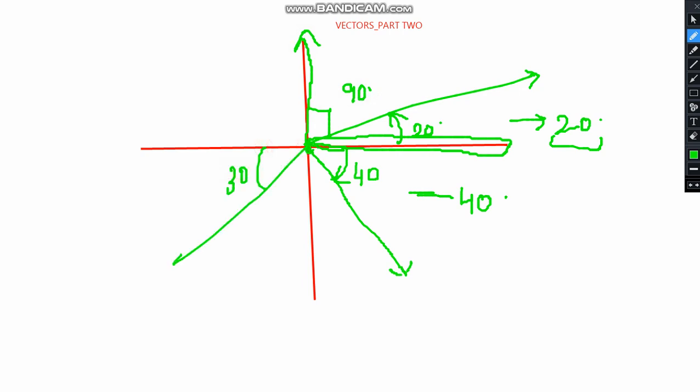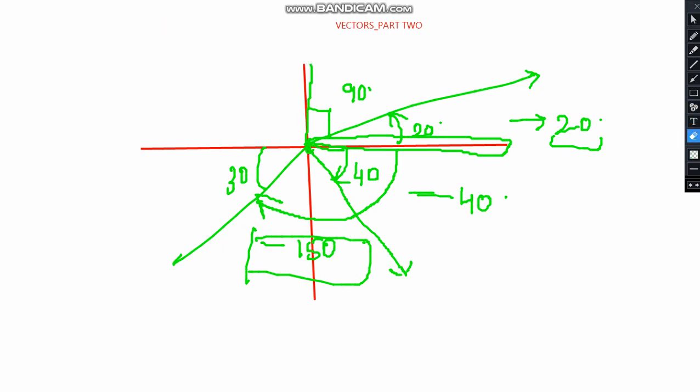Angles measured from the x-axis in the anti-clockwise direction are positive, and those measured clockwise are negative. So 180 minus 30 gives minus 150, a minus 150-degree vector. This is very important to understand, very useful and very short.